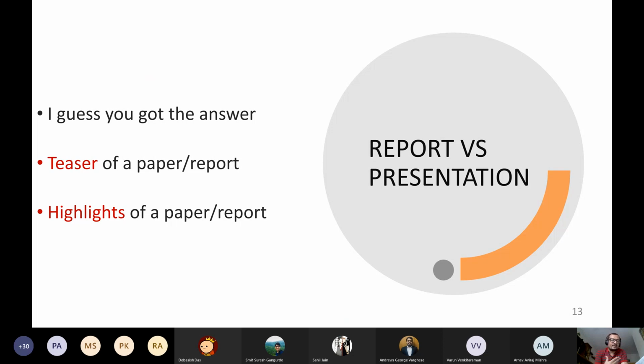It is written like a detailed report that provides all the details. But a presentation should talk about the key insights, the key highlights, because the goal of the presentation is to convince the audience so that they will go and start reading the paper. You should not read the paper through your presentation. Okay, so that's the difference.